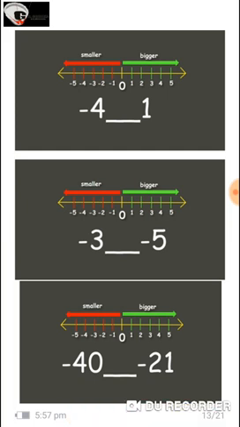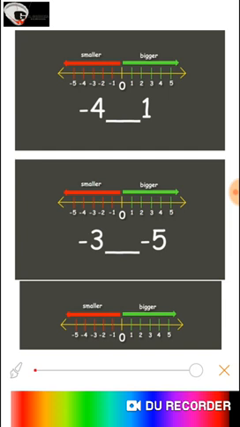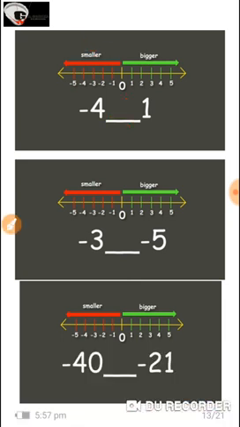Similarly, if we take minus 4 and minus 1, minus 4 is to the left of minus 1. So the numbers that are on the left side are always smaller than the numbers that are on the right side. Now, what if we have both numbers as negative numbers?